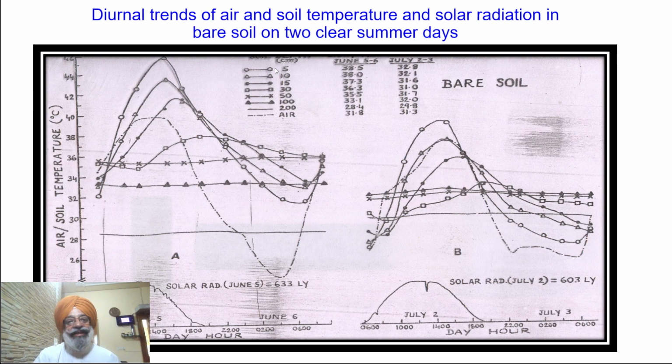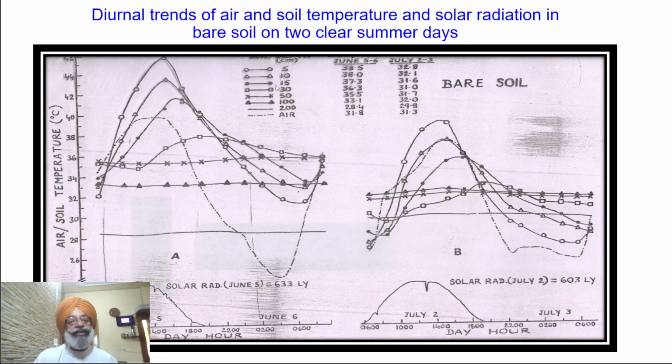And as I said, at 5 centimeter the peak soil temperature was 45.7 degrees centigrade, at 10 centimeter it was 43.4 degrees centigrade, at 15 centimeter it was 41.6, at 30 centimeter it was 37.8. Yes, the peak temperature at the soil surface was maximum, decreased at 10 centimeter, further decreased at 15, further decreased at 30 centimeter.